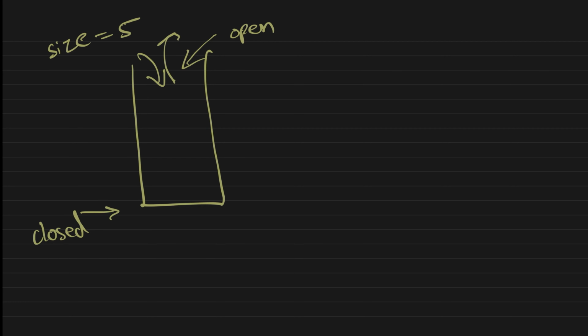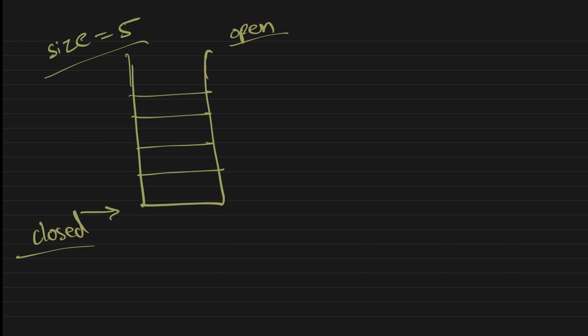So that is why a stack is typically drawn like this. Now assume that we have a stack of size 5. So there are 1, 2, 3, 4 and 5 entries that I can fit into my stack. Okay, so the current state of the stack is empty, right? So this is what an empty stack looks like.